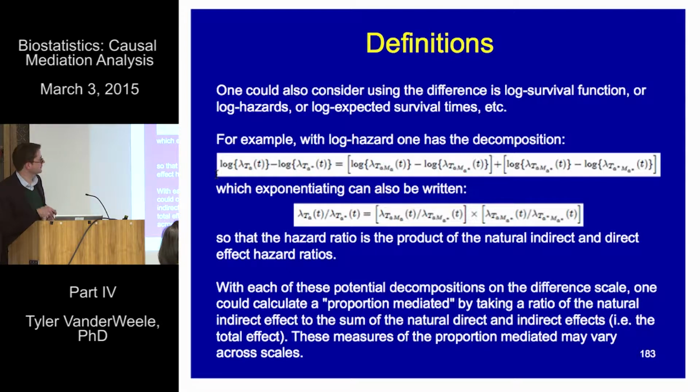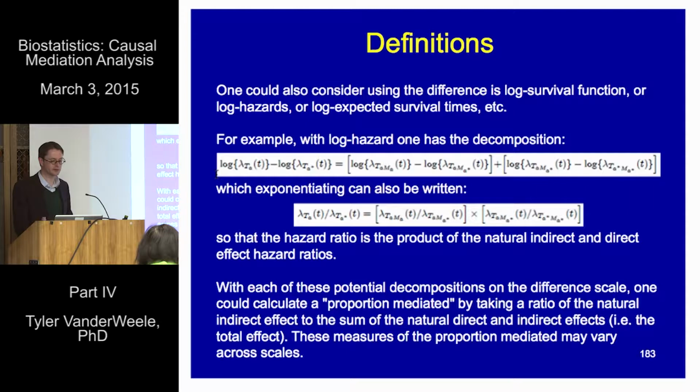If we exponentiate, what we get is that the hazard ratio at time t, the total effect, comparing the exposed and the unexposed, decomposes into a hazard ratio for the natural indirect effect and a hazard ratio for the natural direct effect. But all of this carries on in a straightforward way from what we had before.